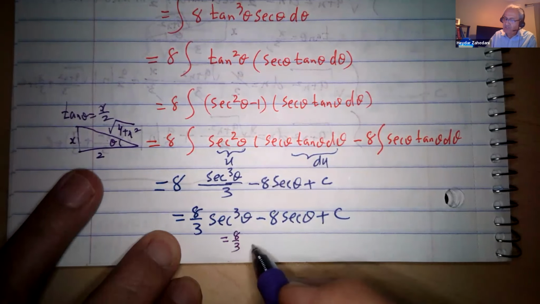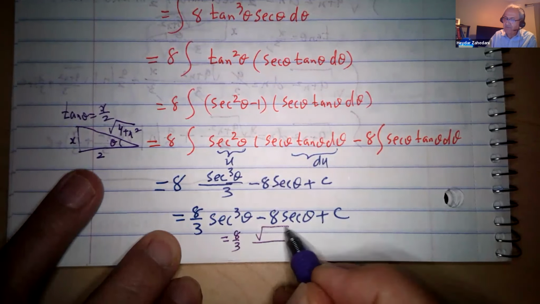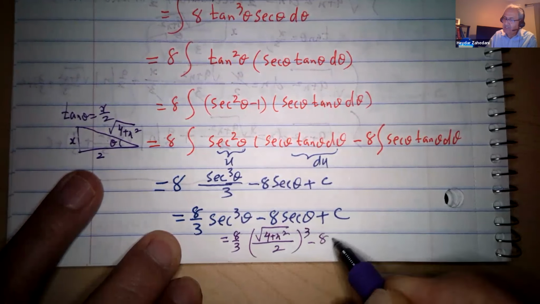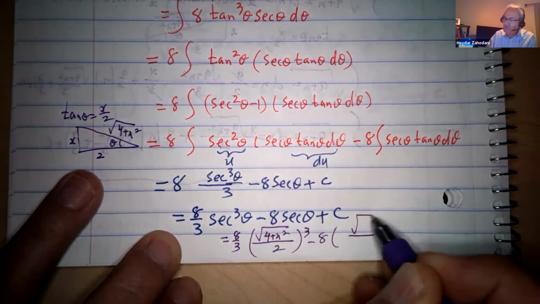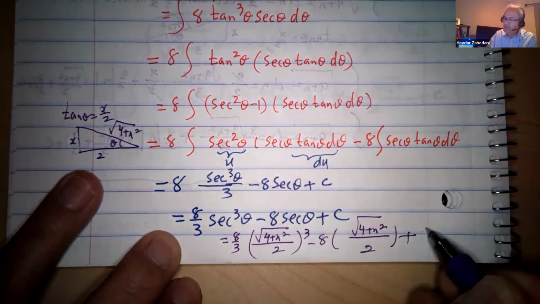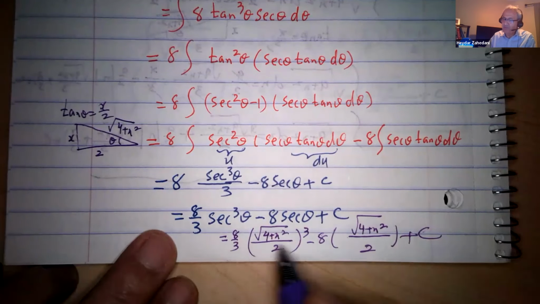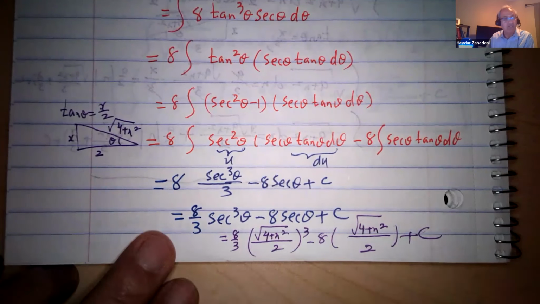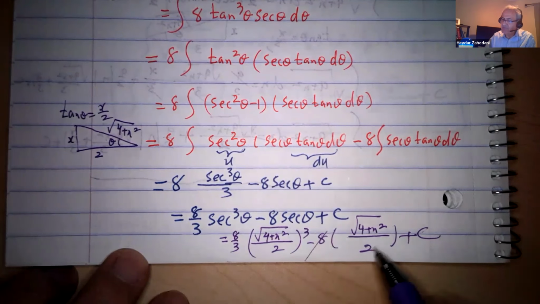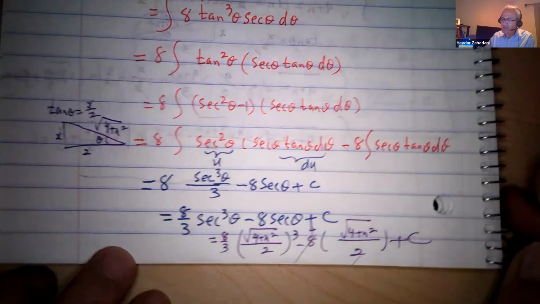Your secant is going to be the square root of 4 plus x squared over 2, all cubed, and it's going to be minus 8 times the square root of 4 plus x squared over 2, plus the constant. Of course, you simplify, 2 cubed would be 8. Then you can simplify it a little bit to get the final answer. These two would be simplified, you get the 4.